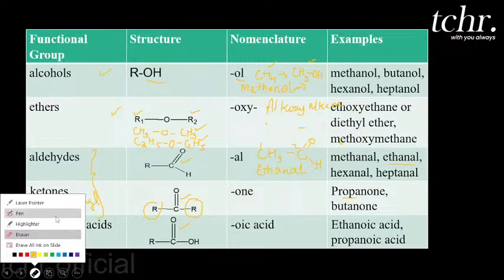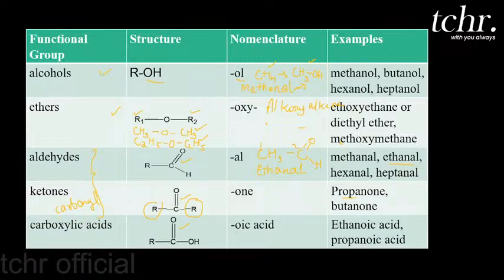But in your second year chapters, you'll be studying how to prepare alcohol, what the various methods are, what physical properties these alcohols will show, and what chemical properties they will show. Like this, we'll study in depth all these functional groups. Fine. So, shall I move on to the next functional group?